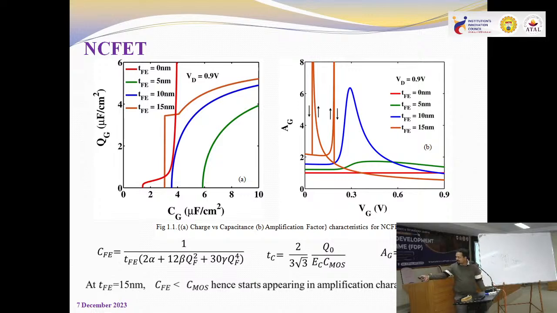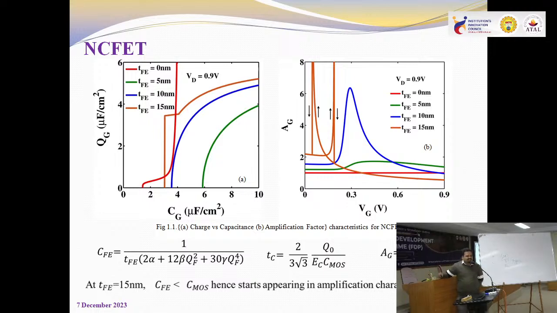Now, green corresponds to 5 nanometer, blue corresponds to 10 nanometer, and brown corresponds to 15 nanometer. As you are increasing the thickness, the capacitance is decreasing. It is going from higher to lower. Just see, it is going in this direction.